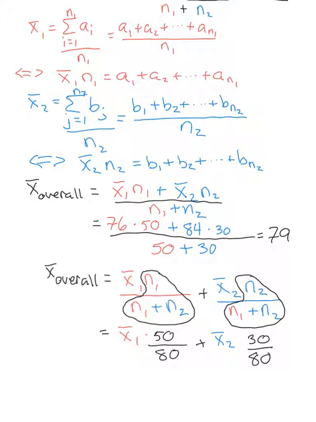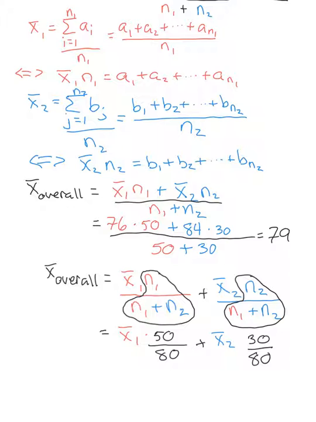So here we're giving a portion of our overall mean to our first class and another portion to our second class, and we're deciding on that proportion based on how many students are in each class. A class that has more students in it should be given more weight.